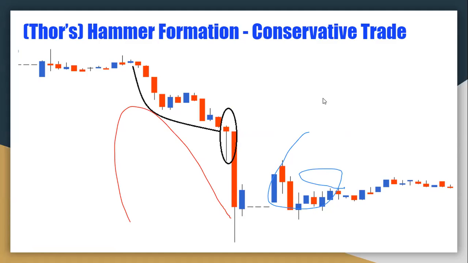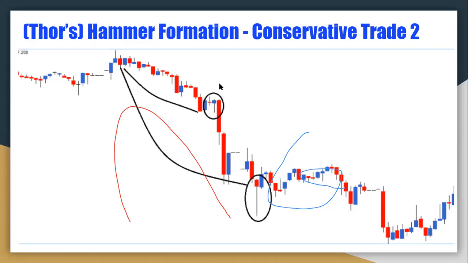So again the conservative trader was able to protect himself from losses. So we saw examples of this Thor's hammer formation in a downtrend. Let us look at one more example. So here in this example, what is happening?